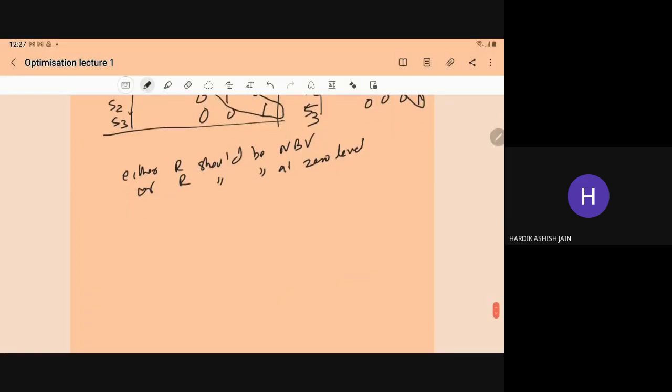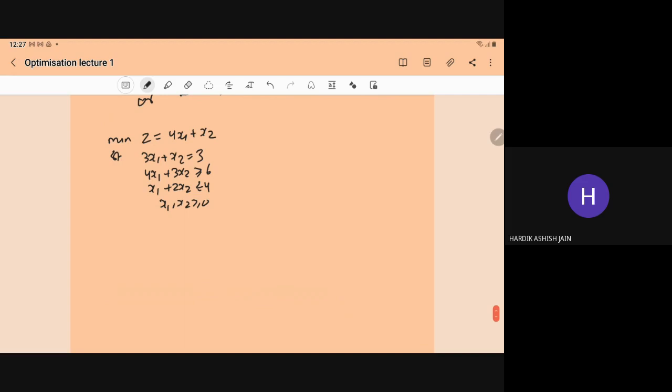Yes. Minimize z equals 4x1 plus x2 subject to 3x1 plus x2 equals 3, 4x1 plus 3x2 greater than or equal to 6, x1 plus 2x2 less than or equal to 4, and x1, x2 are non-negative.